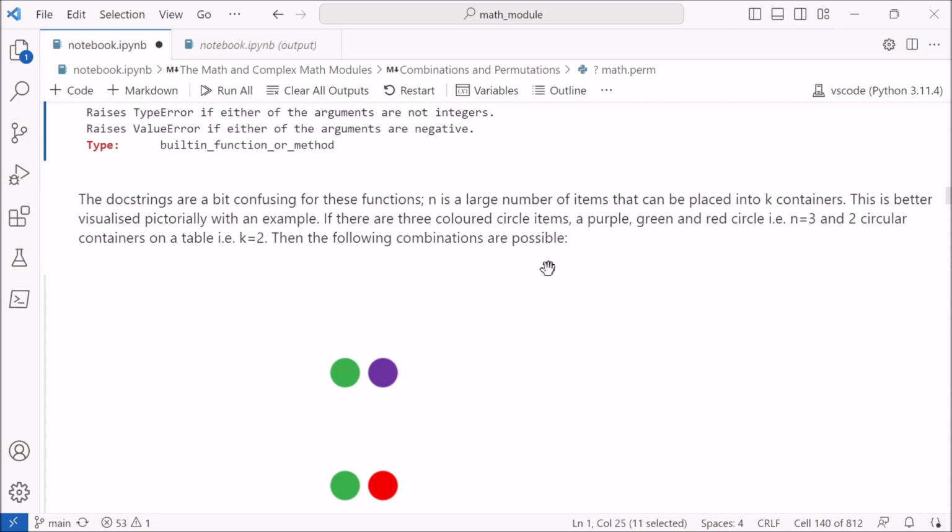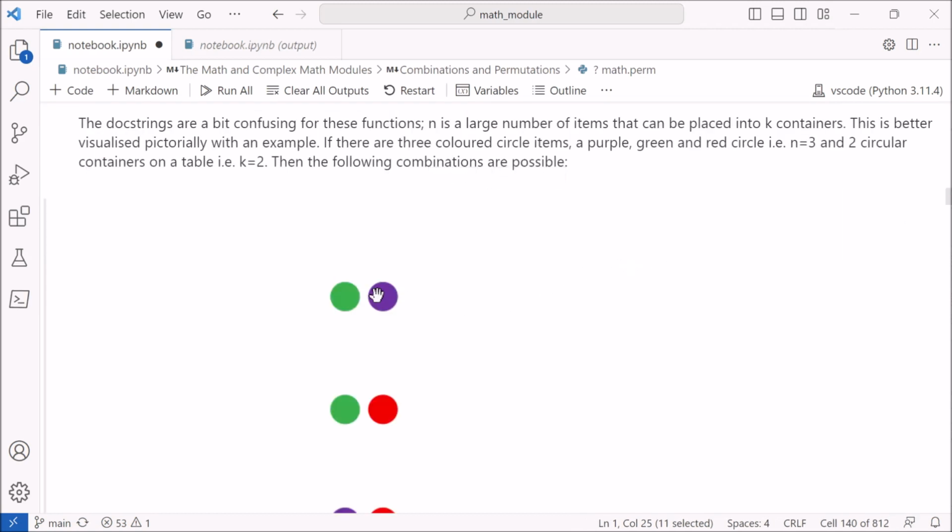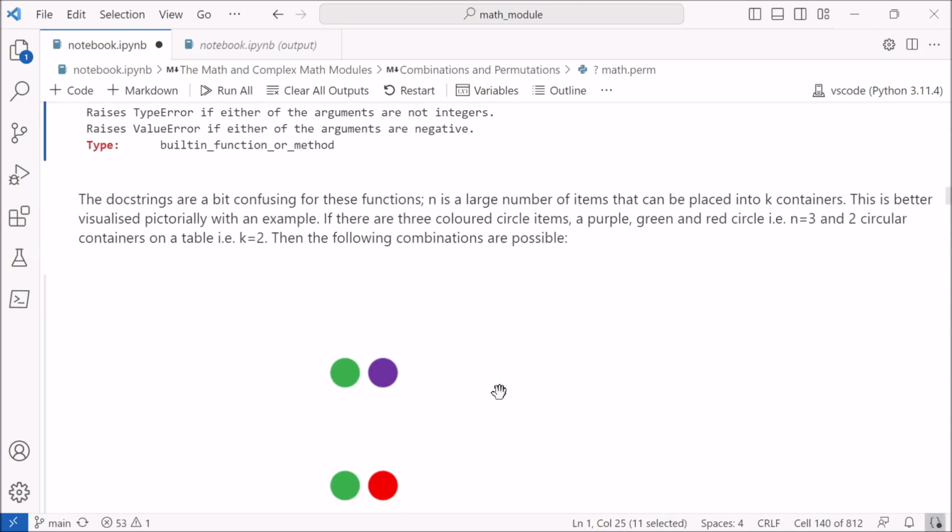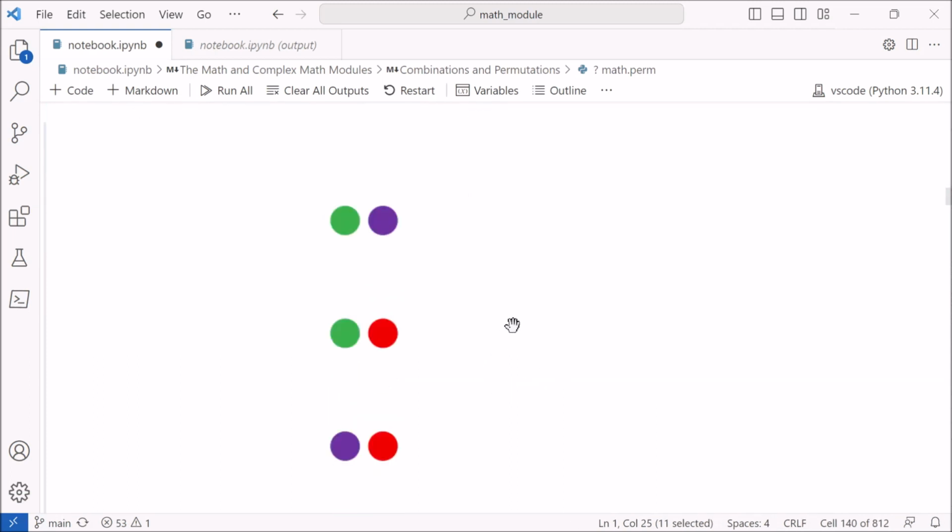So basically, if we say n is the number of items that can be placed into k containers, we've got 2 containers here and we've got 3 items. So what are our combinations? Our combinations are a green and a purple, or a green and a red, or a purple and a red.